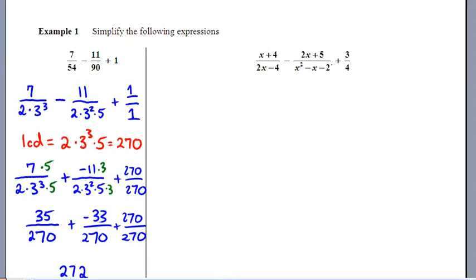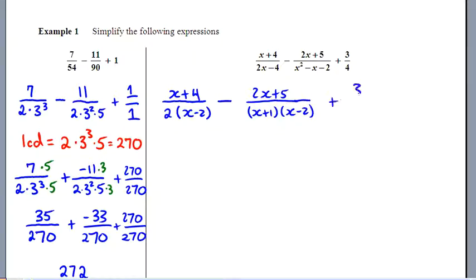But I could factor the bottoms, just like I factored the 54 and the 90 here, and say, this is an x plus 4, all sitting on top of, factoring that, I could do a GCF factoring here, 2 times x minus 2. And then minus, what do we have? 2x plus 5. That's sitting on top of, this factors as x plus 1, x minus 2.